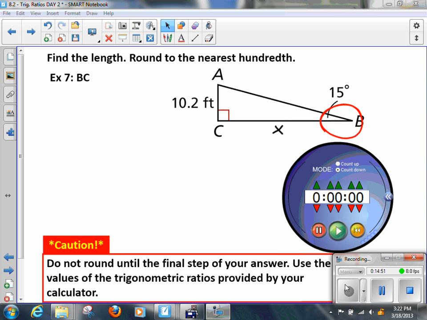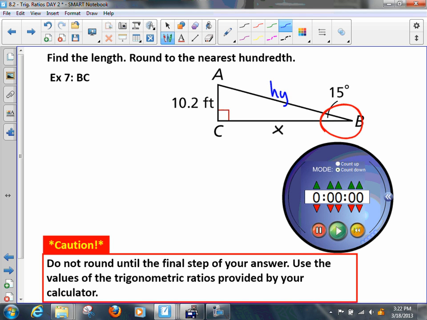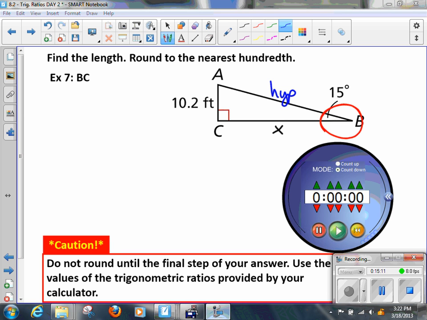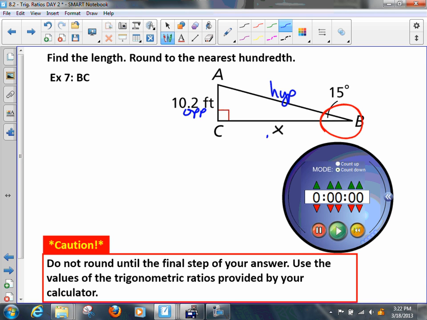All right, what's the first side we have to label? The hypotenuse, which is AB, right on? What's the next side? Opposite, which is what, y'all? 10.2. Okay.